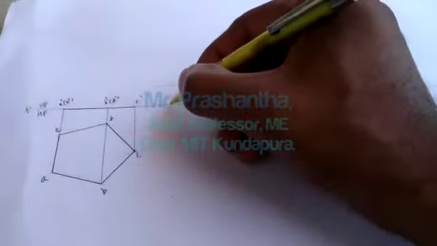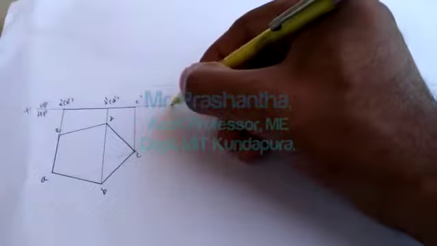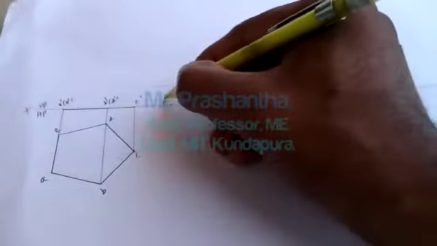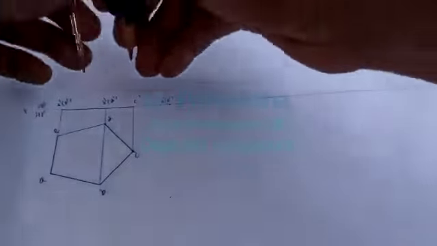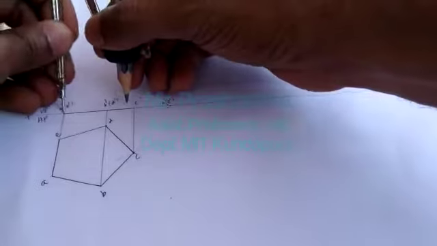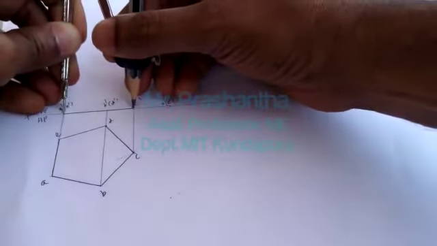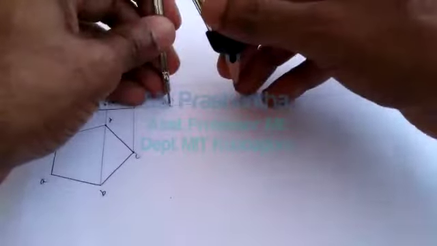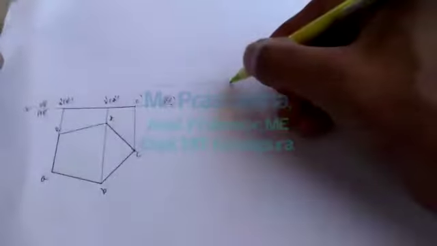Then select one convenient point anywhere. This point is nothing but A dash, E dash. Then take the compass, take this dimension A dash to C dash, and keep it over here. Mark a point where it cuts this horizontal line.